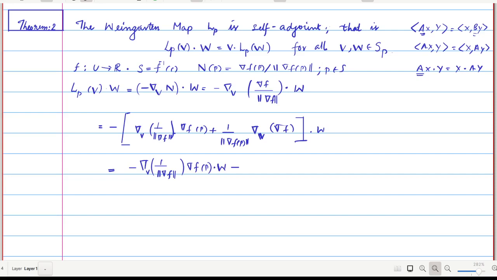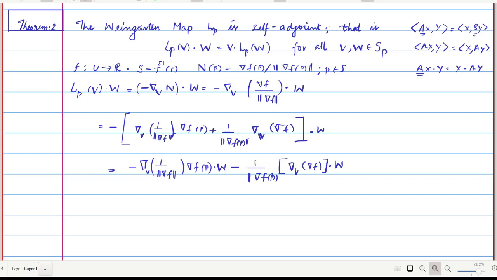That will be minus 1 by norm del f of p times del V of del f dot W. When you distribute the minus and the dot product together, we get this.